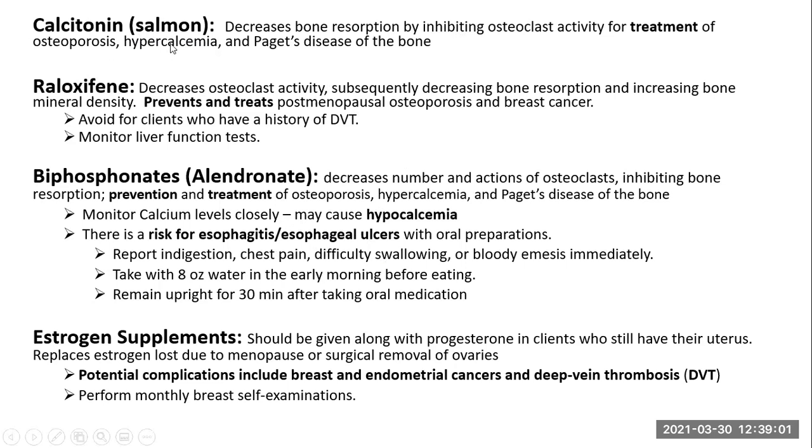So if a patient is on calcitonin, we need to monitor their calcium levels closely. And this is only used for treatment. It is not used for prevention. When we talk about it later, calcitonin is also used to treat phantom pain.